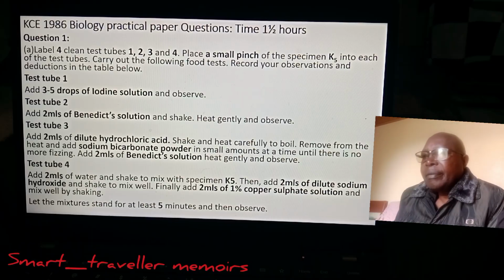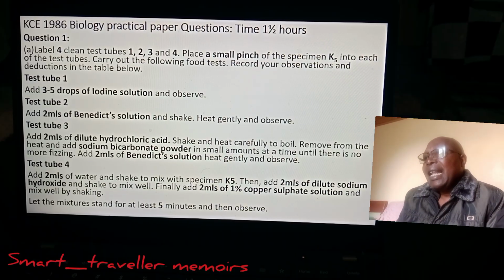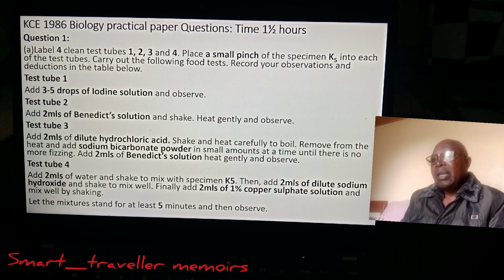Question 1A, you are required to label 4 green test tubes and name them 1, 2, 3, and 4. In each of them, you place a small pinch of the specimen K5. Carry out the following food tests, record your observations and the deductions in the table below.